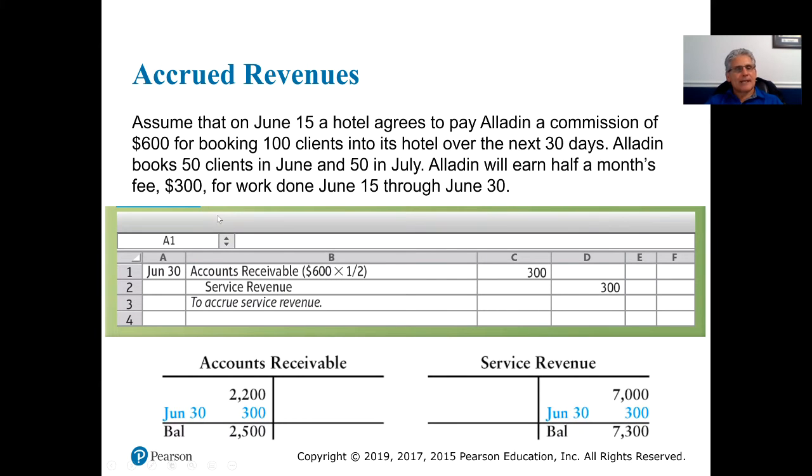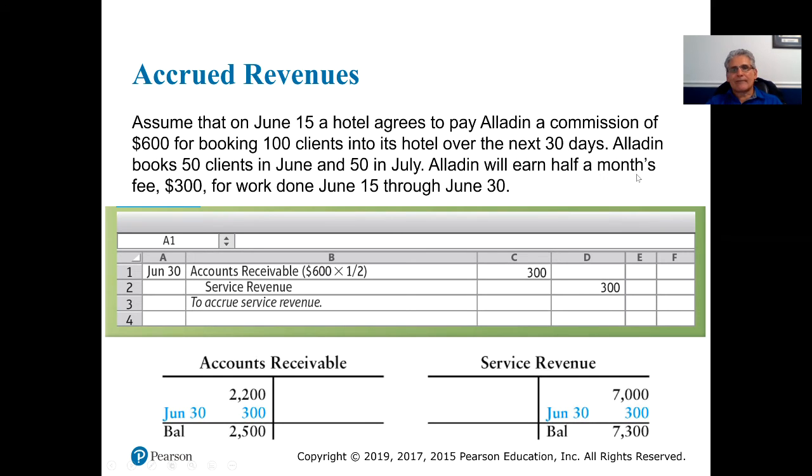Let's take a look at an example here. Assume that on June 15th, a hotel agrees to pay Aladdin a commission of $600 for booking 100 clients into its hotel over the next 30 days. Aladdin books 50 clients in June and 50 clients in July.